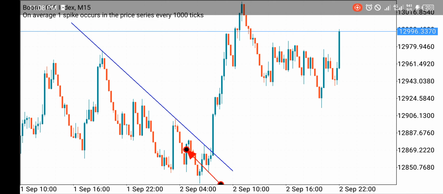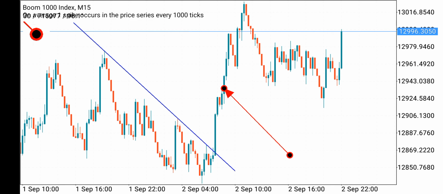The next time it came to the trend line, this time it didn't respect it. Instead, it broke the trend line in the opposite direction, to the upside. This is where you take action, whenever the candle breaks the trend line.